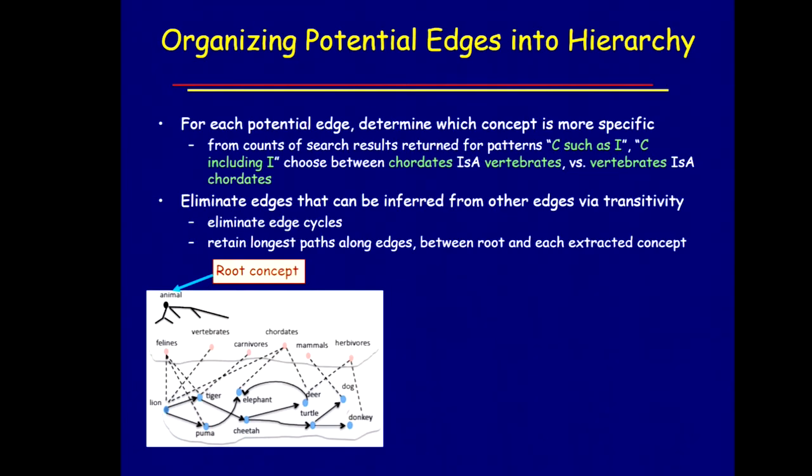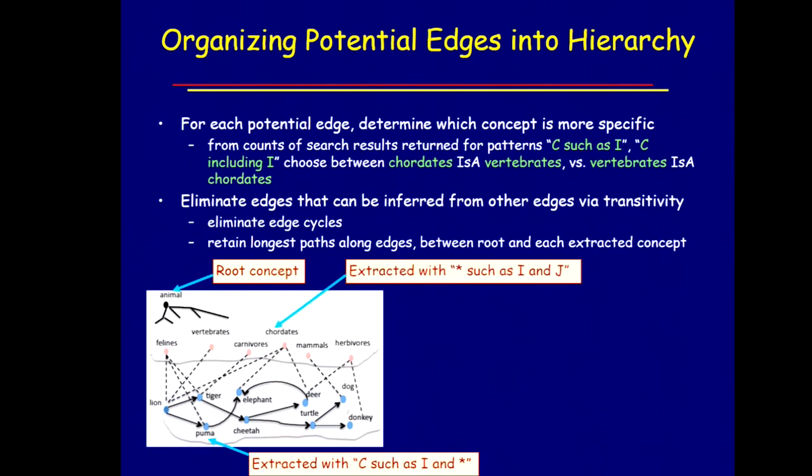And you have the upper cloud with vertebrates, chordates, carnivores. These are the hypernyms. And then you have the lower cloud, which is deer and elephant and so on. These are the hyponyms. And what you have is these edges, the dotted lines, which are the IJCAI pairs. This is the flat set of IJCAI relations that you want to now organize into a hierarchy.